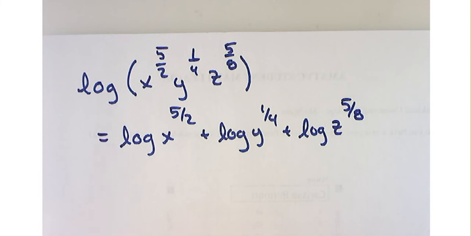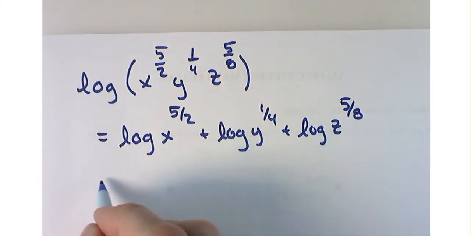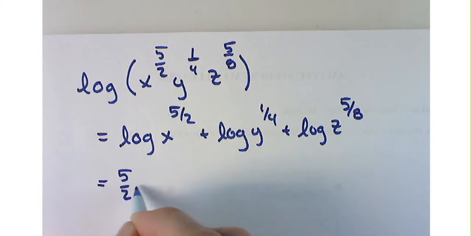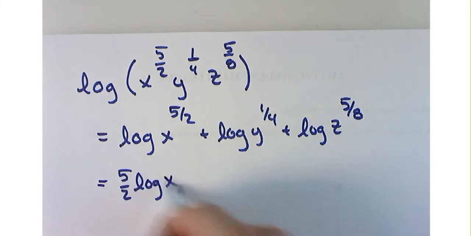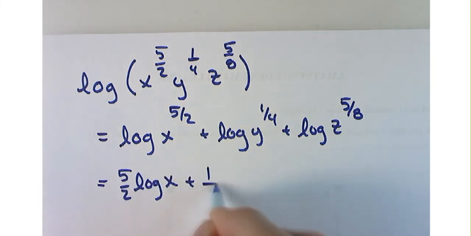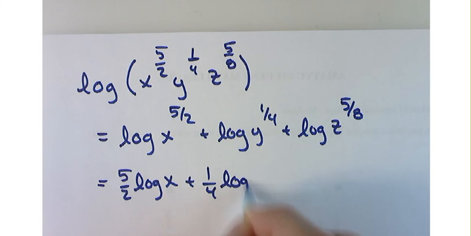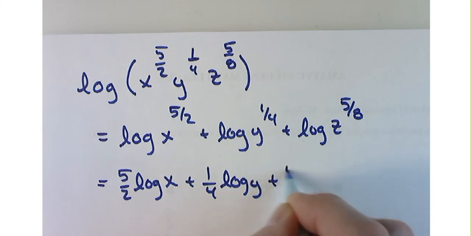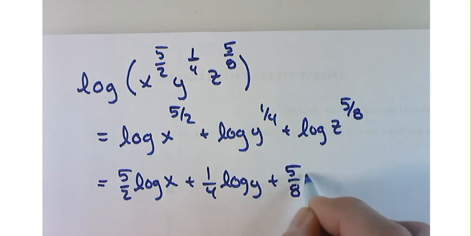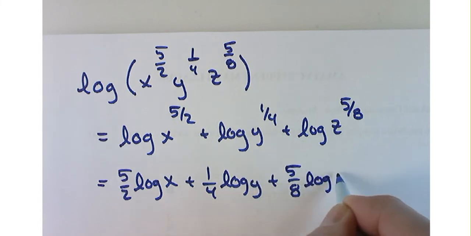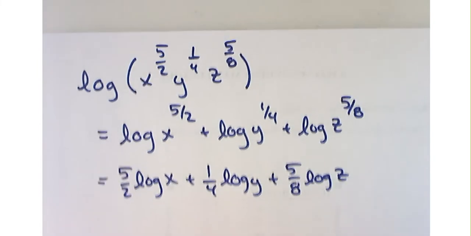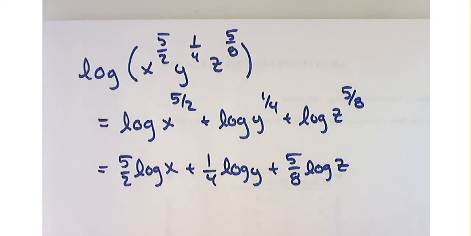Time for this problem to go away. The 5/2 comes out in front. 5/2 is the log of x plus 1/4 the log of y plus 5/8 the log of z. Yay! That's it.